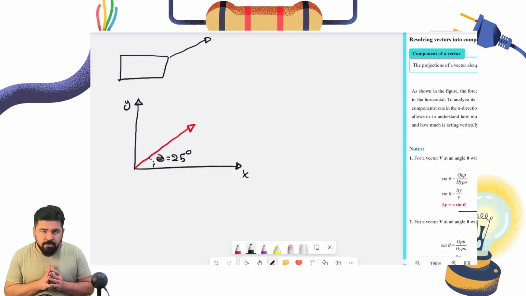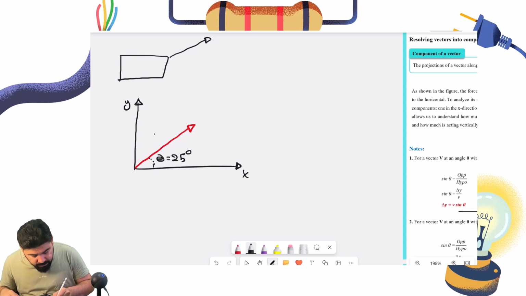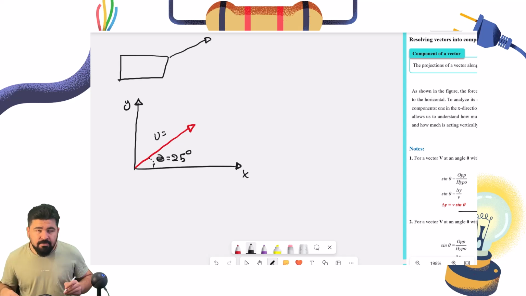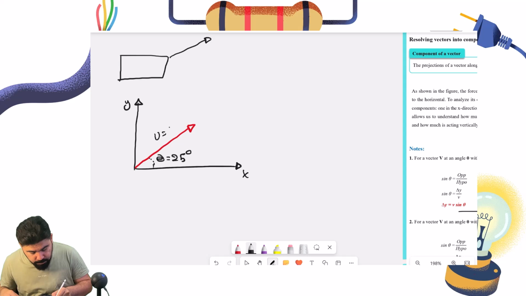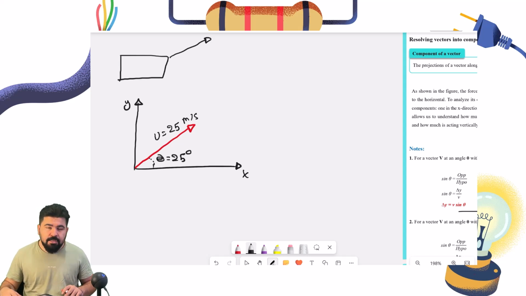It's in between. So how can we find the unknowns here, or what the question is asking? Let's say v, which is the velocity of this object, is going to be 25 meters per second, just for the sake of understanding.